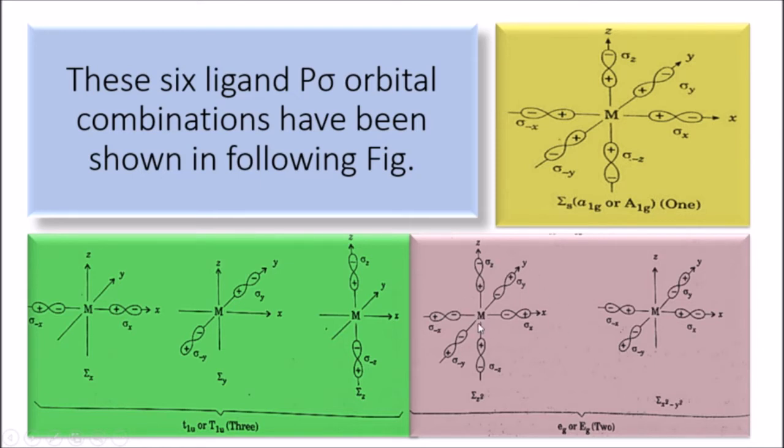While here dz square is there, so among all these 6 ligands, these 2 direct a positive pole towards the metal, and these 4, which are planar, indicate the negative pole towards the metal ion, and that interaction between metal and LGO will be considered later on. And in x square minus y square, sigma x, sigma minus x, sigma y, and sigma minus y direct different plus or minus signs towards the central metal ion, and that interaction should be considered later on.